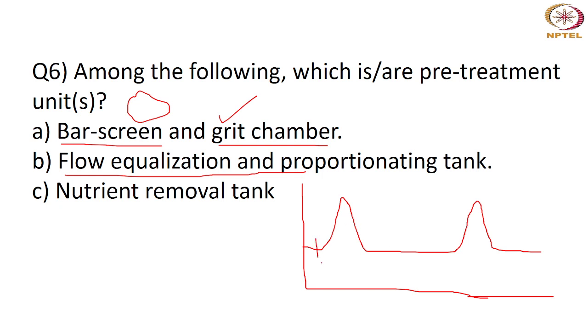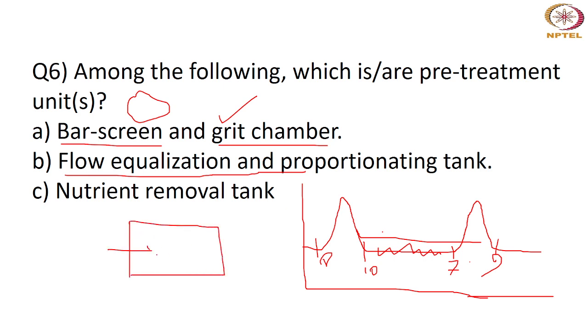So suppose from 8 to 10 there is a peak, and then again from 7 to say 9 there is a peak. So this line will be a little bit higher. So we need to equalize whatever flow is coming to the system, the treatment plant.